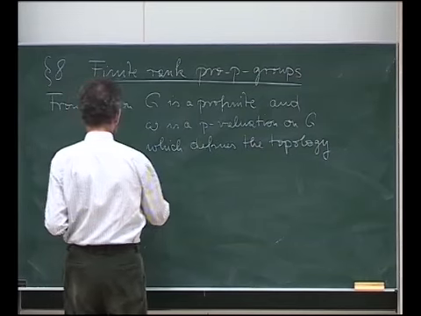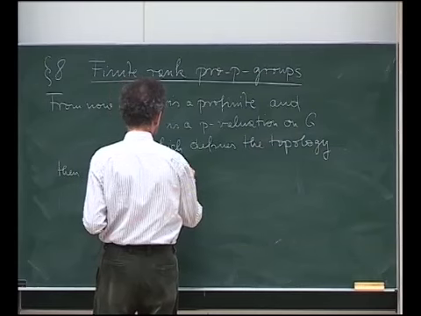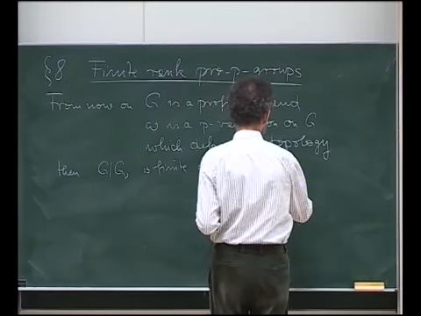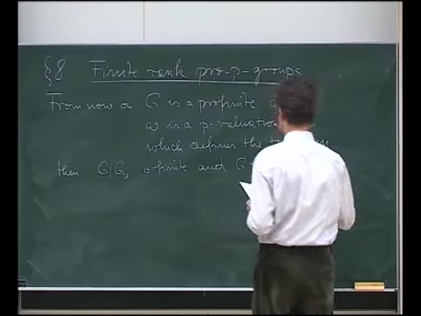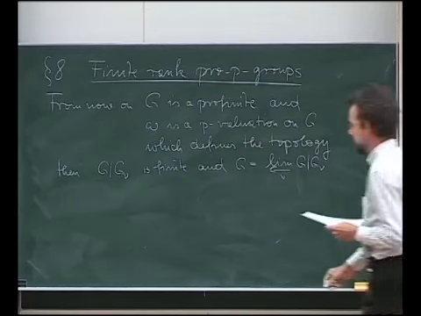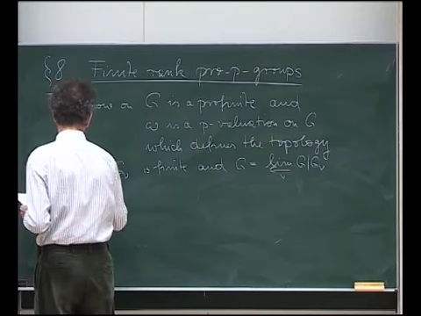And then, of course, these quotient groups G by G_nu are then open subgroups, so they are all finite, and G is the projective limit of these finite groups.